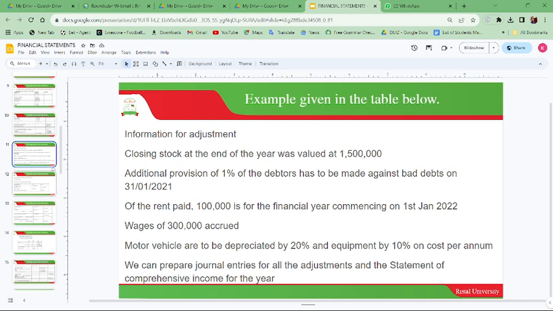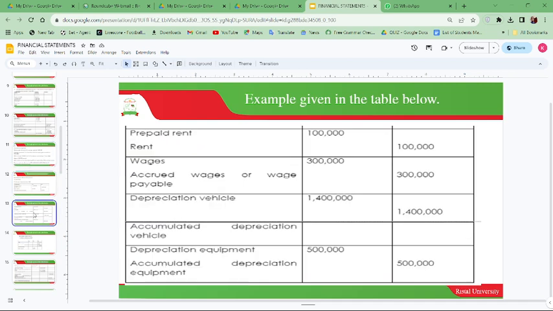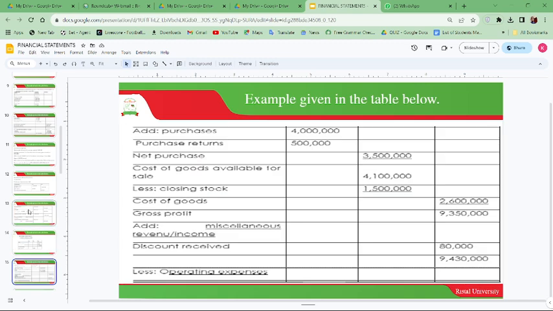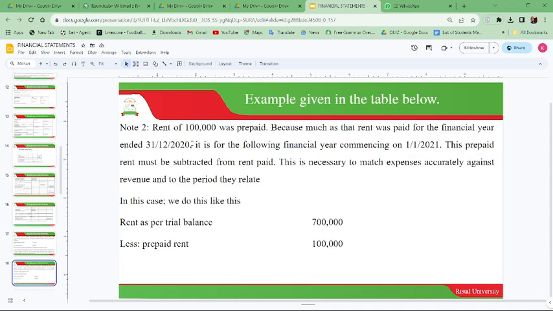So let's come here to our additional information and we see we have prepaid rent and we have the rent. So let's see how to calculate that. Of the rent, 100 was prepaid.